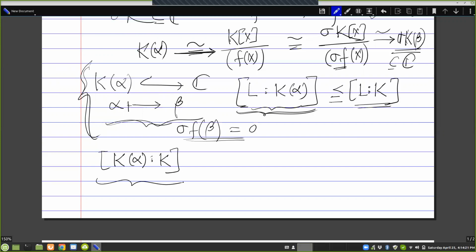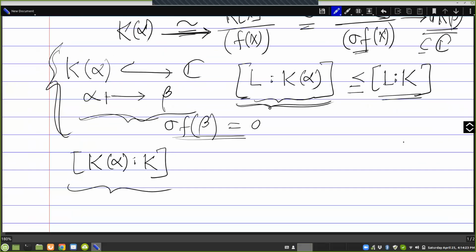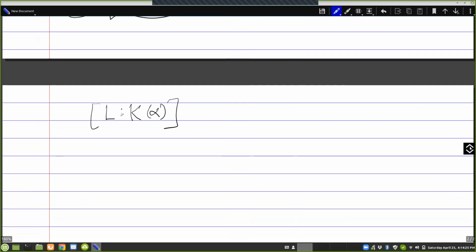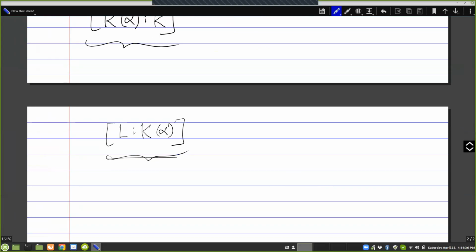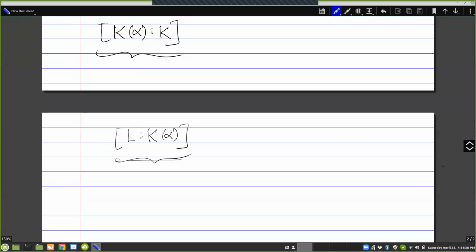And once I have extended that to k alpha, we run an induction which says that the embedding which has been extended to k alpha can further be extended to L in this many ways. So the sigma can be extended to k alpha in this many ways, and that can be further extended to L in this many ways.